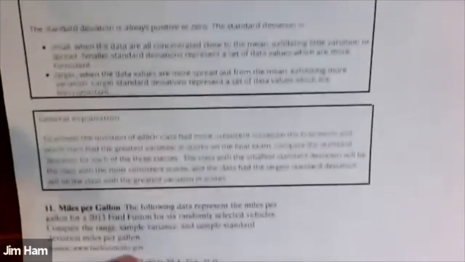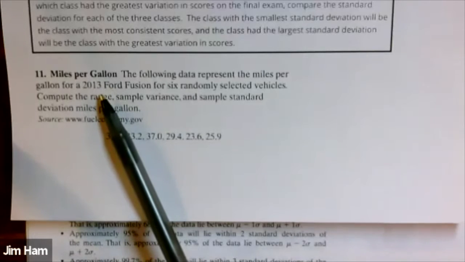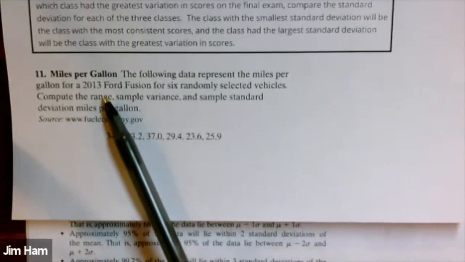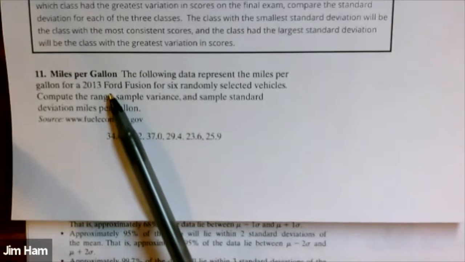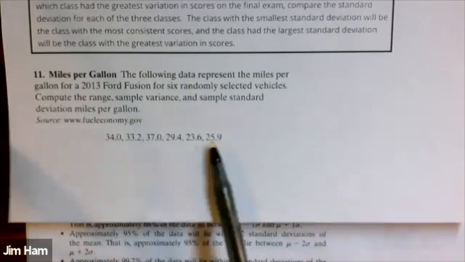All right, let's take a look at an example. It's miles per gallon, and it's a small data set. It's the MPG for a Ford Fusion, 2013. They drove 6 of these vehicles and recorded the gas mileage, and this is what they came up with. You can see that from vehicle to vehicle, there's quite a lot of dispersion.